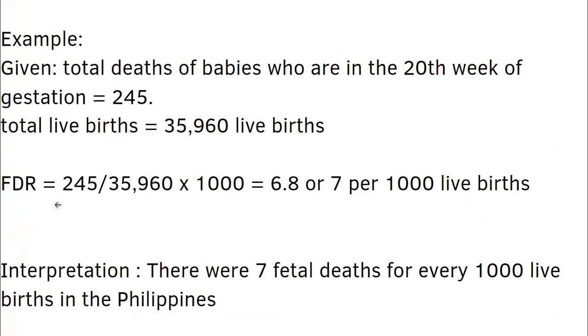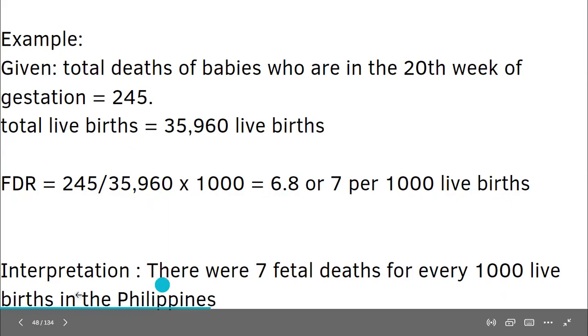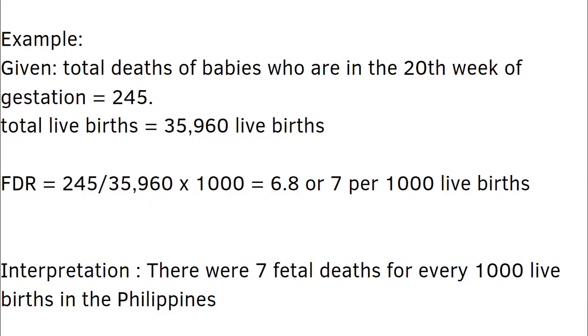We compare the number of babies who died in their 20th week of gestation, 245, divided by the total number of people born alive in that same year, which is 35,960, and then we multiply it with a factor. We get 6.8 or 7 per 1,000 live births. How do we interpret that? There were 7 fetal deaths for every 1,000 live births in the Philippines. Very easy, you just need to familiarize the formula.